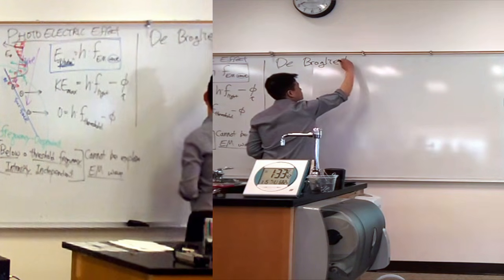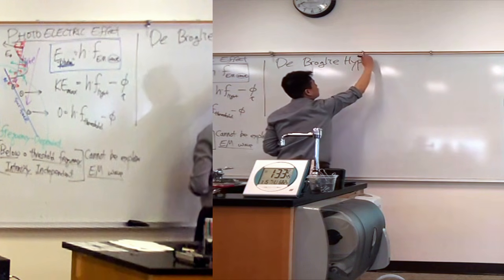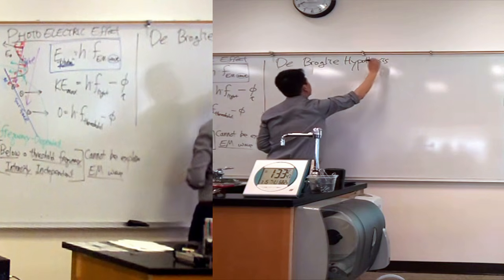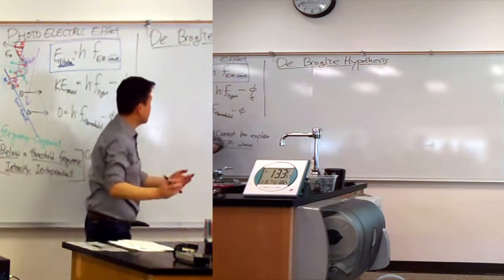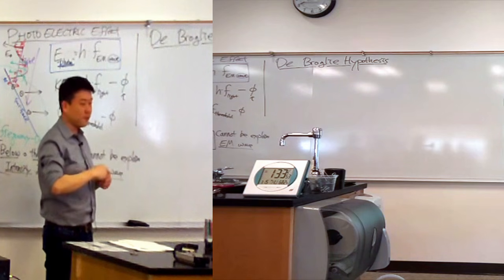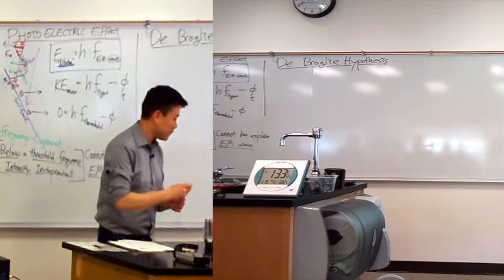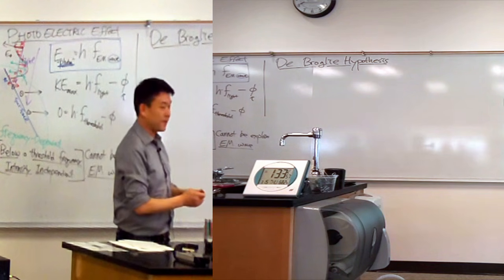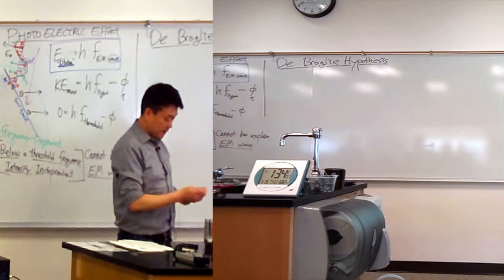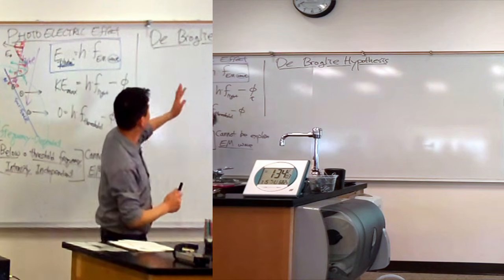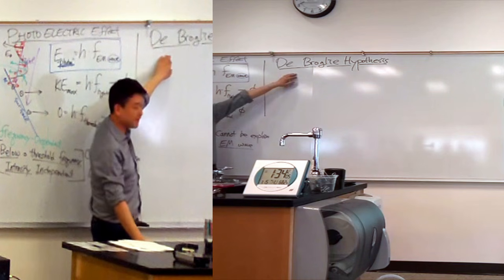So the de Broglie hypothesis. He actually got the Nobel Prize for his PhD thesis where he introduced this, which is probably why a lot of physics theorists have a bad habit of introducing unjustified assumptions. So this is sort of a short version of what de Broglie did.